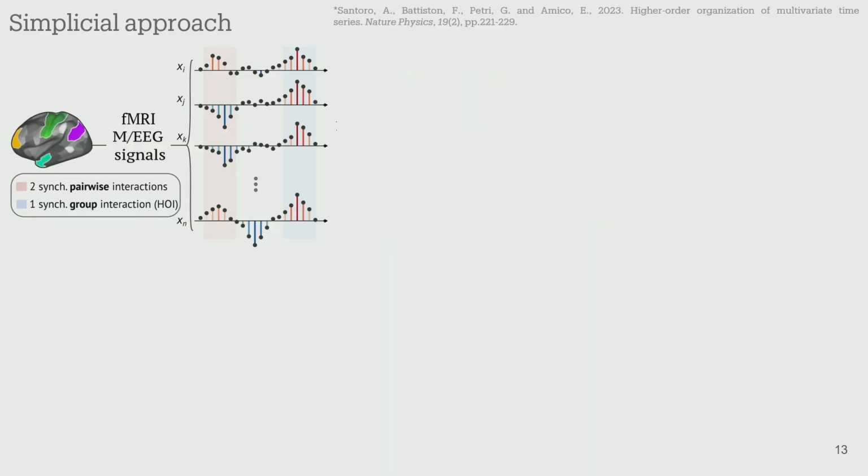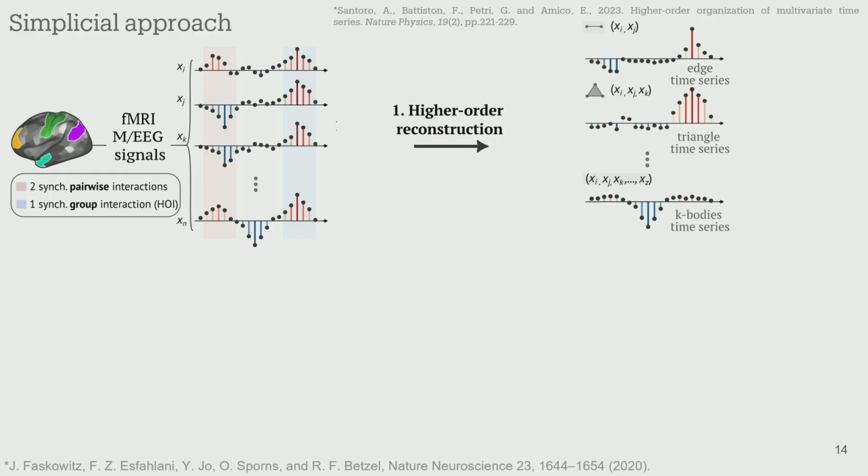And so we did a few years ago some research on trying to characterize these synchronous pairwise interactions or group interactions, starting from the idea of edge time series proposed by the Indiana group, so Rick Betzel and colleagues. What we started from was trying to expand and move from node time signals to edge or triangle type signals, so everything which is trying to characterize the synchrony of two different regions together, or multiple regions together, at the same time.